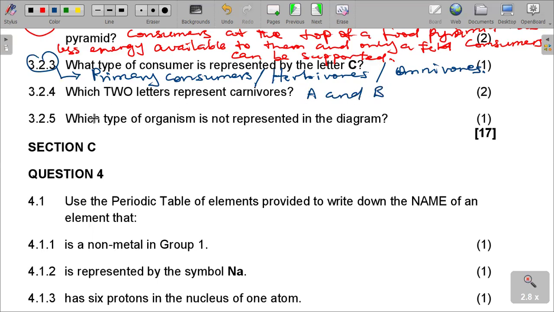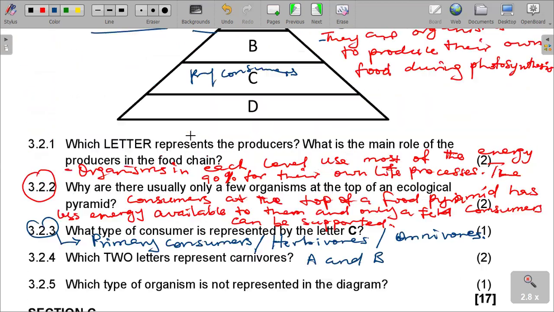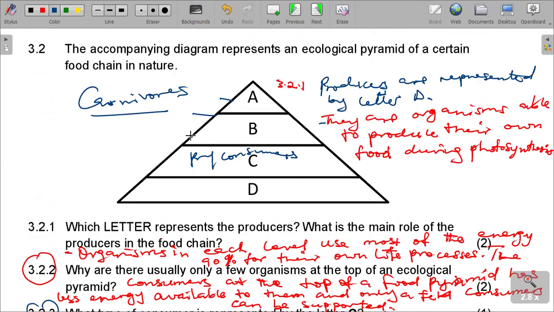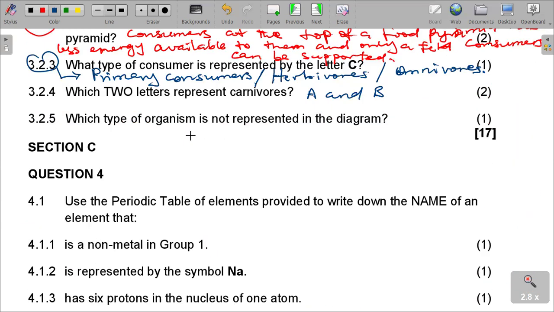And which type of organism is not represented in the diagram? We can maybe just say that we didn't have decomposers. We can say we don't have decomposers in the diagram there.